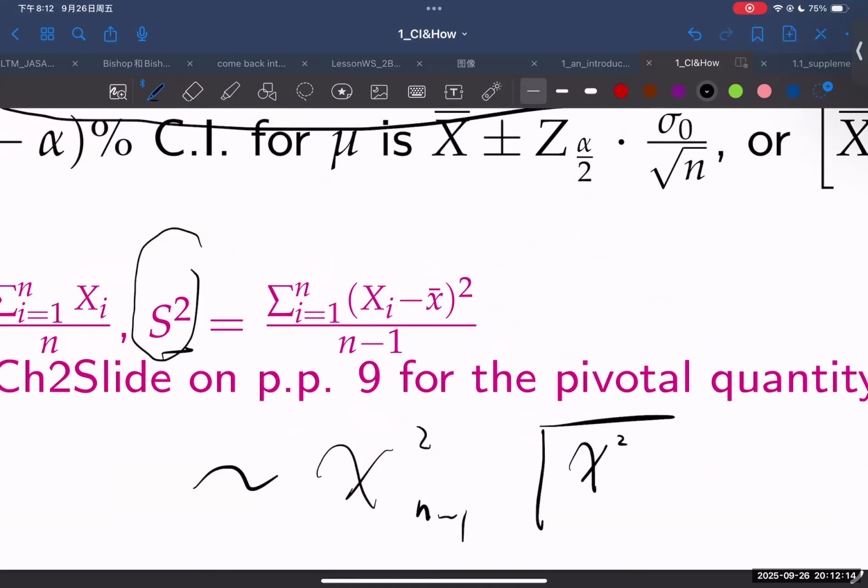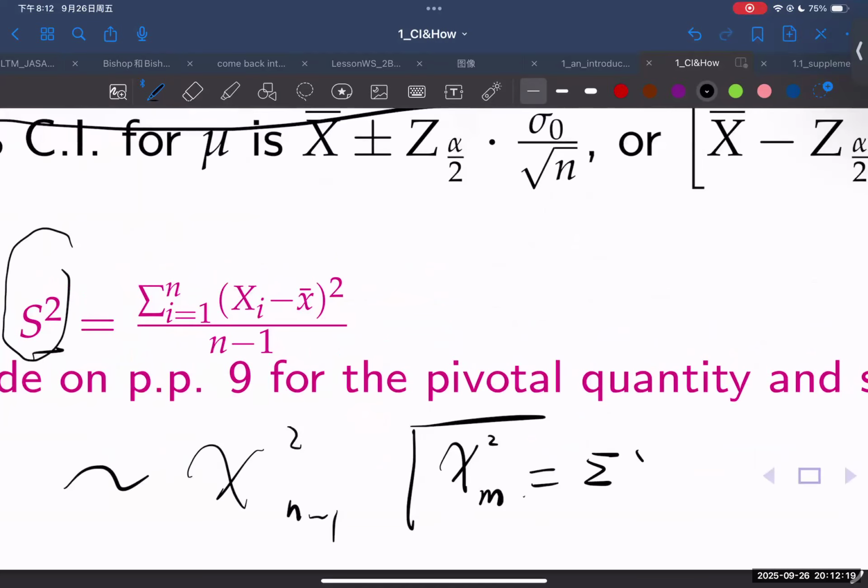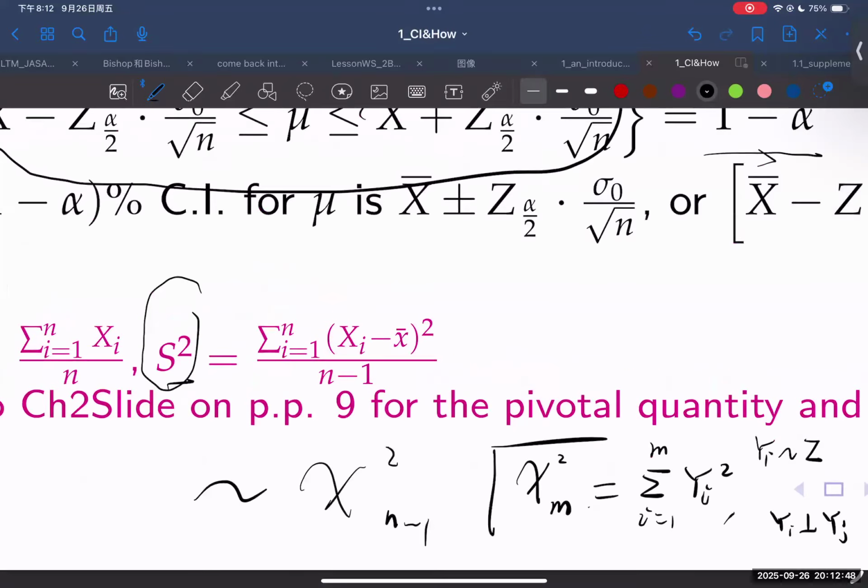For a chi-square distribution with m degrees of freedom, you can define it by the summation of yi square, with i running from 1 to m, where every yi follows a standard normal. Also attention, yi and yj are independent or uncorrelated. This is something we should keep in mind.